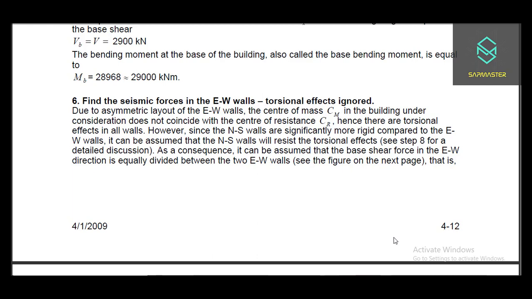Hence, there are torsional effects in all walls. However, since the north-south walls are significantly more rigid compared to east-west walls, it can be assumed that the north-south walls will resist the torsional effects. As a consequence, it can be assumed that the base shear force in the east-west direction is equally divided between the two east-west walls.